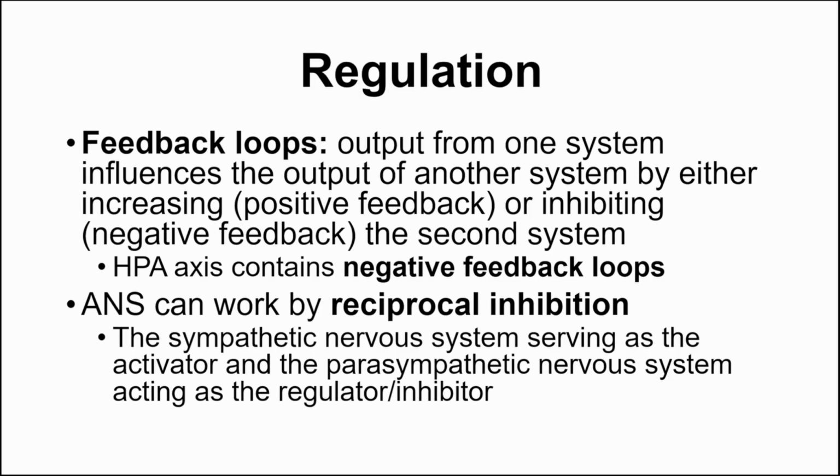Now, I suppose I should explain what positive and negative feedback loops are before we move on from here, because you might not have encountered these before. With positive feedback loops, these are fairly rare within our biological systems. That's because with a positive feedback loop, we're saying that as more of a signal is produced, we're going to receive another signal that says keep producing more.